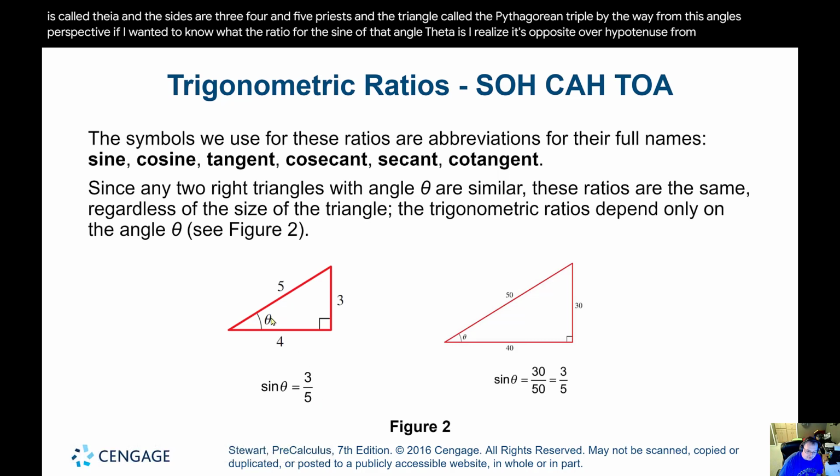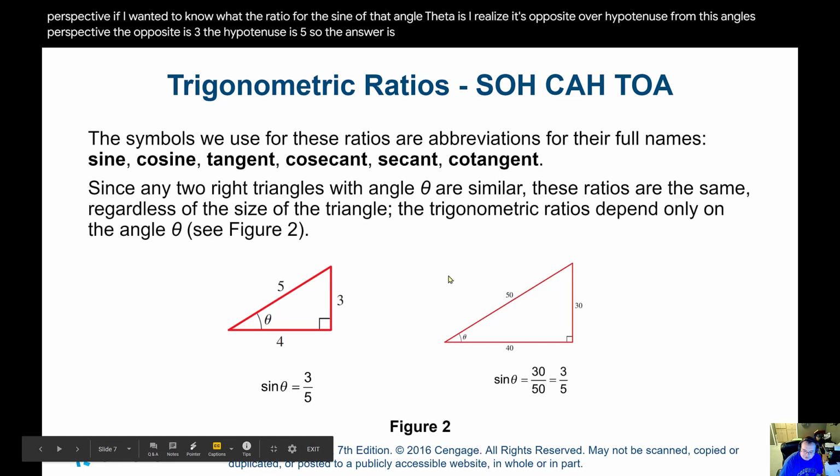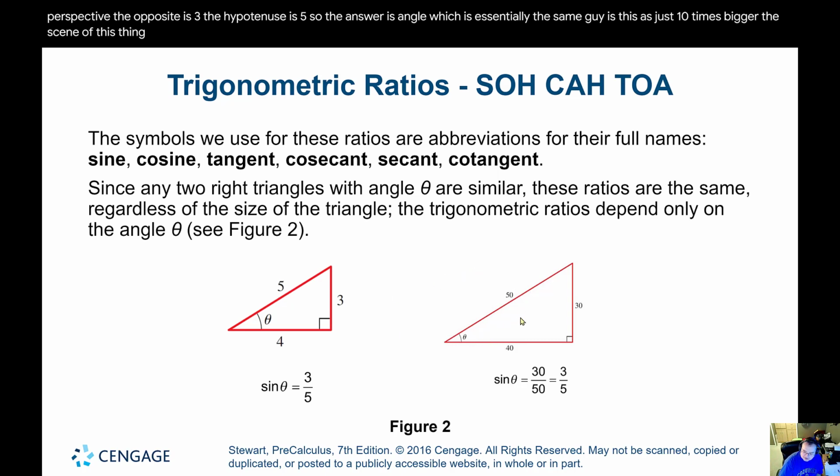Now from this angle's perspective, the opposite is 3, the hypotenuse is 5, so the answer is 3/5. Now if you look at this triangle, which is essentially the same guy as this, it's just 10 times bigger. The sine of this angle is still opposite 30 divided by hypotenuse 50, and when you simplify it down you get 3/5.